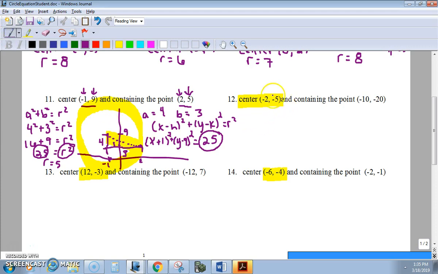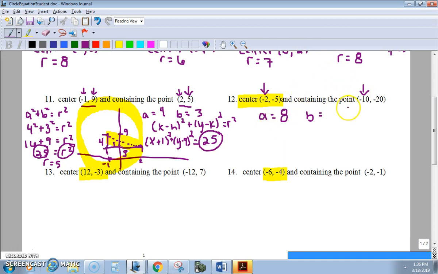So the question first is, and it doesn't matter which is A or which is B, so don't get mad if I do this differently. How far is it from -2 to -10? Even though they're both negative, we're not going to say it's negative because we're talking about distance, and distance is always positive. If I go on the number line from -2 all the way down to -10, like if I were walking those blocks, I would have walked 8 blocks.